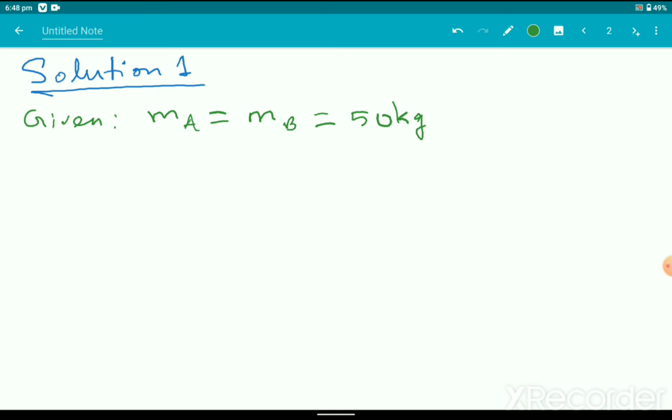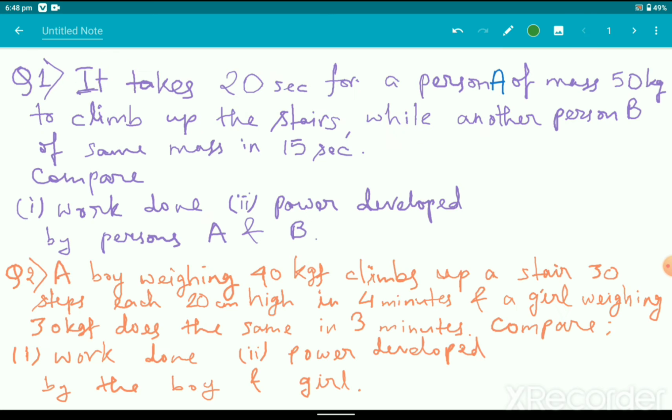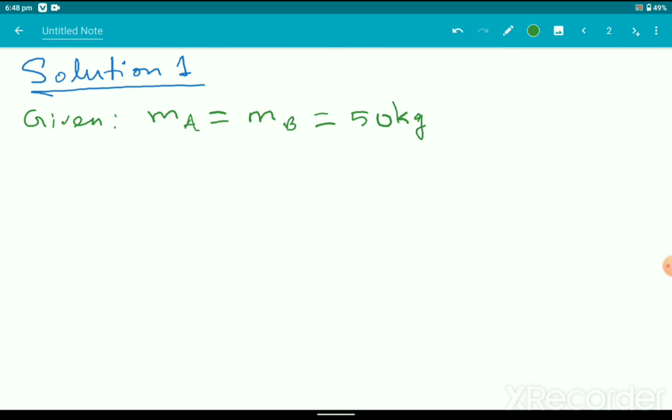Now both of them climb up the stairs, one in 20 seconds and the other in 15 seconds. So time taken by A is 20 seconds and time taken by B is 15 seconds. Okay, fine.